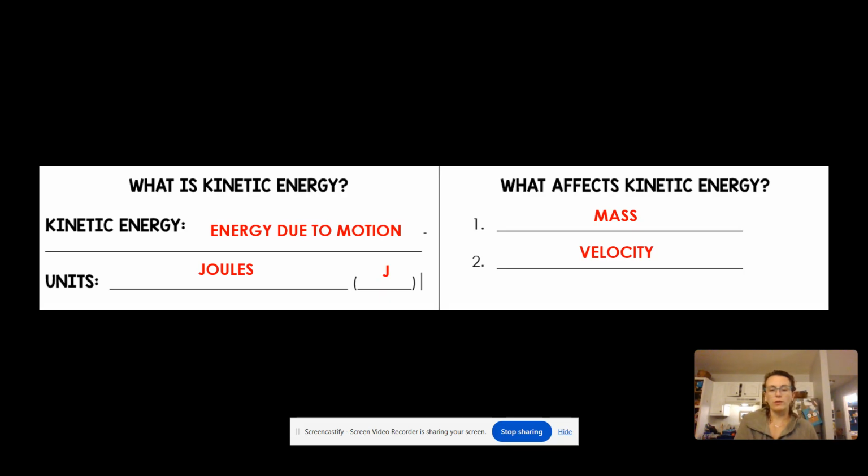That is velocity. So if I ever were to ask you, what are the two things that affect kinetic energy? You would say mass and velocity.